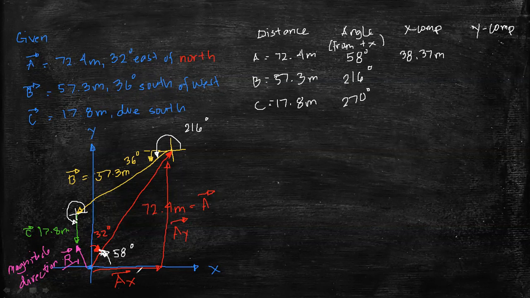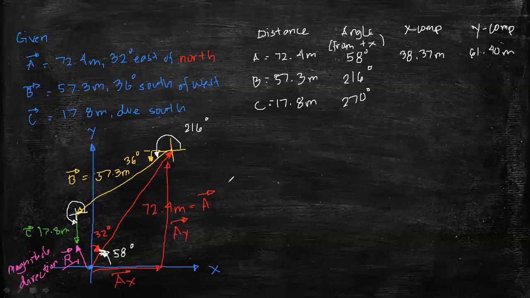And for the y component, using the sine function, AY is equal to 72.4 times sine 58 degrees, which is equal to 61.40 meter. Okay, so I'm going to write here AX is equal to 72.4 cosine 58, and AY is 72.4 sine 58.